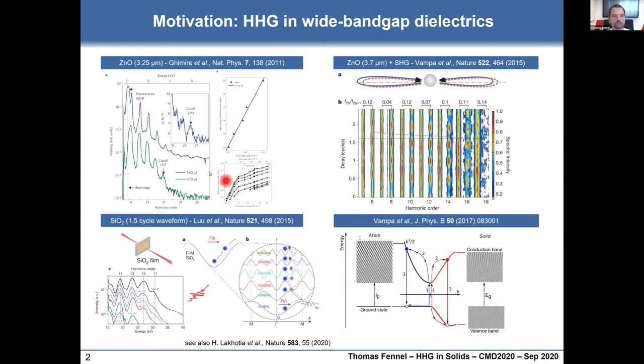And already in this paper, they suggested that the anharmonic structure of the bands is a major factor for the emission of these harmonics.